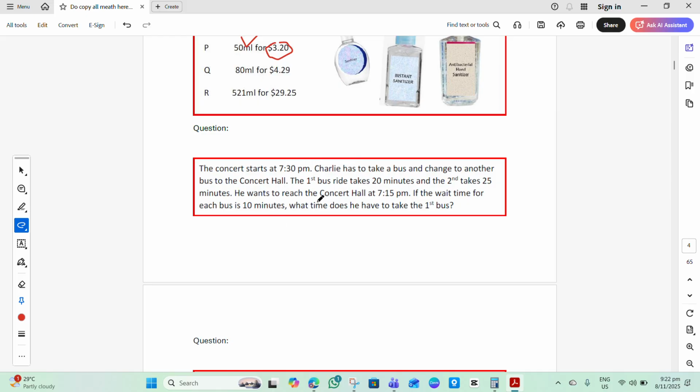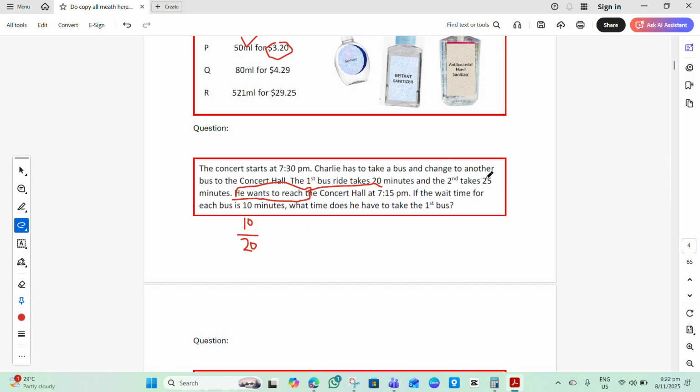Here are the main key points we need to understand. He wants to reach by a certain time. Whenever the question comes, you find the reach time. So the reach time is 7:15. You need to wait for each bus 10 minutes and 10 minutes, so 20 minutes.